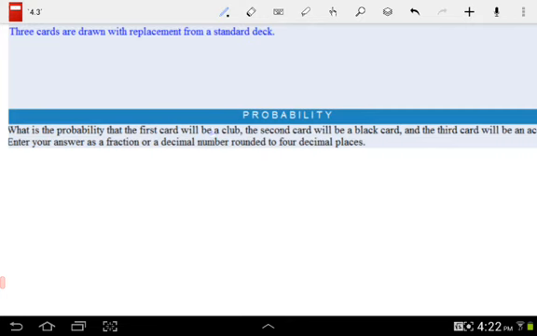I think we have 13 clubs in a deck, so that would be 13 out of 52 times. Now, the second card will be a black card. Now, that's only going to leave me with 51. Let's think how many of them are black here. Well, half of them are black, so that would be 26. But if the first card was a club, club is a black card, then that would really only leave me with 25.